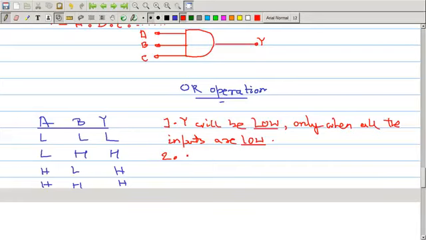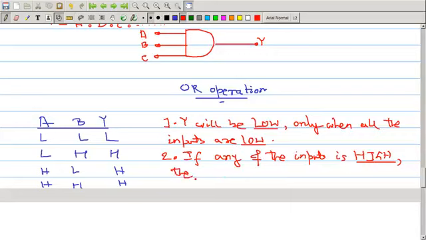And the next observation, you find that if any of the inputs is high, you see the last three, then capital Y will be high.